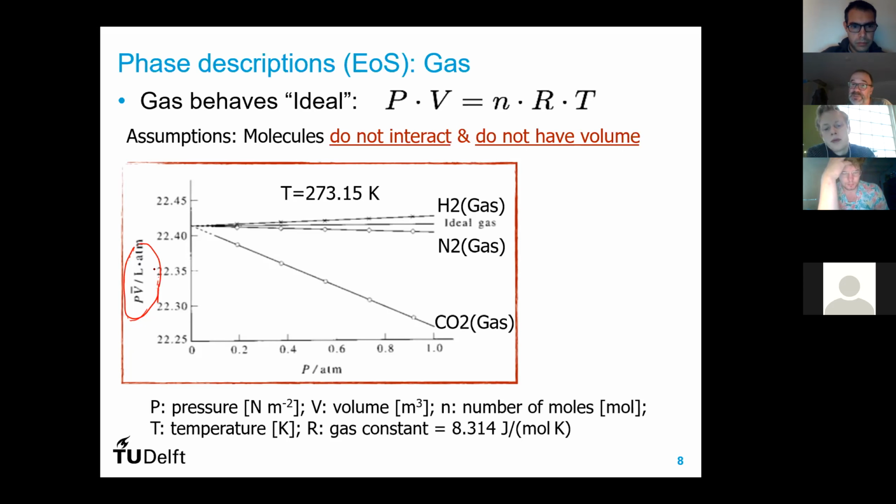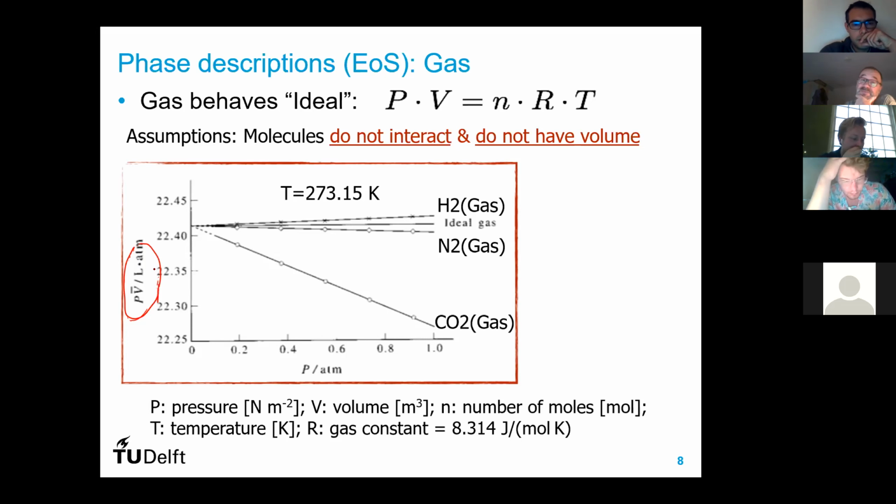And then if you look into real gases, like H2, N2, CO2, you can see that they're deviating. By increasing the pressure, your volume will be affected. This is all happening at a fixed temperature. Or if you change the volume, pressure will be affected. So it's either way in this case.